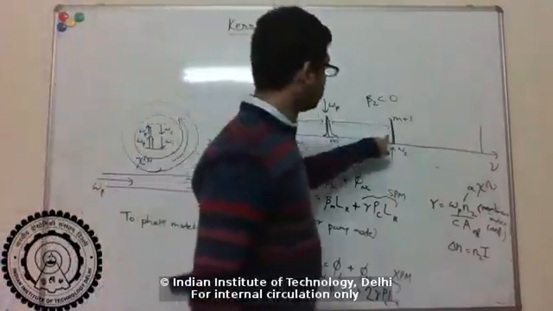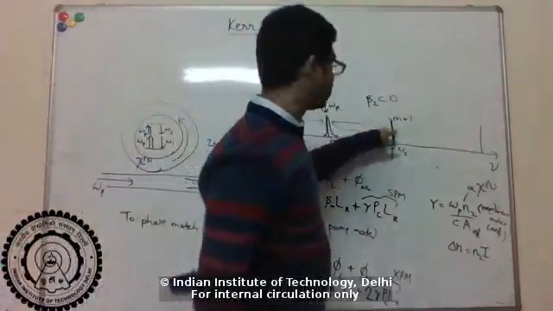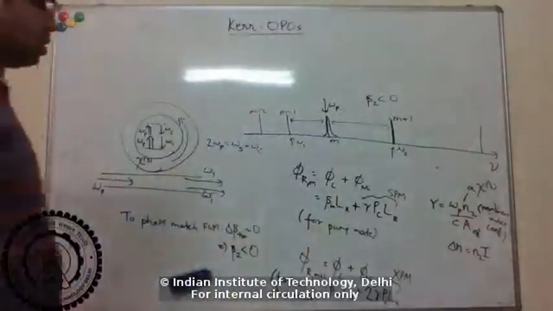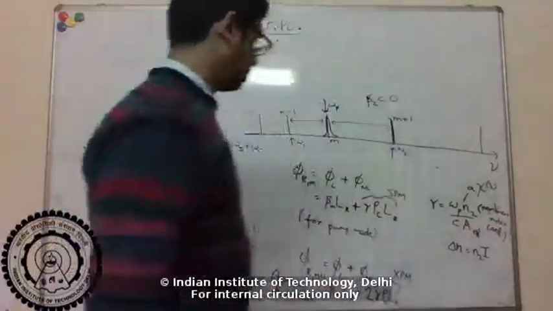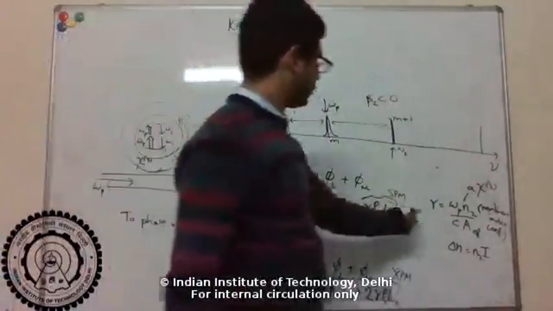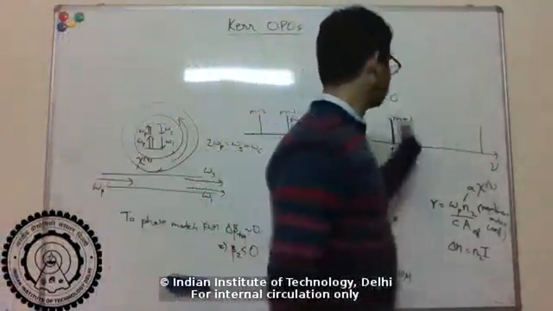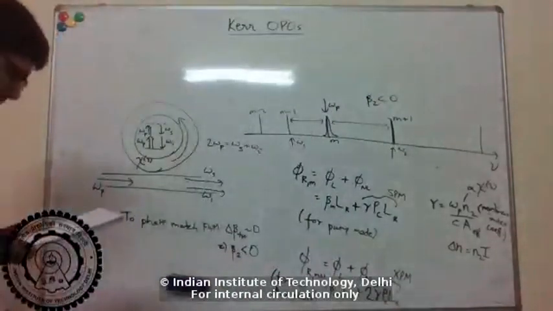So there is no intensity at this field to cause self-phase modulation on its own. Similarly, we don't have cross-phase modulation from other resonances because there is no power in the other resonances.